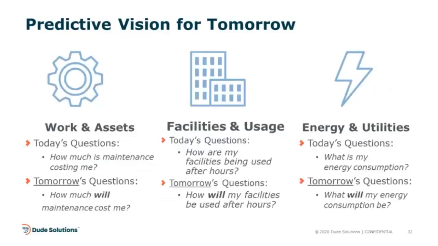Across these three major categories, work and asset, facilities and usage, and energy and utilities, which are key swim lanes that we work with our clients and customers on day in and day out at Do Solutions, we help you think about those types of questions that you need to answer. So hopefully some of these items do resonate with each of you on the phone today. They can also be a placeholder for some thinking we'll do later on in the webinar.